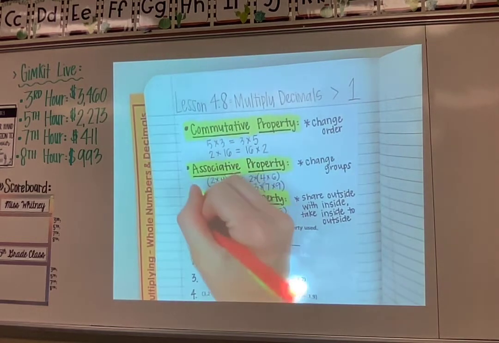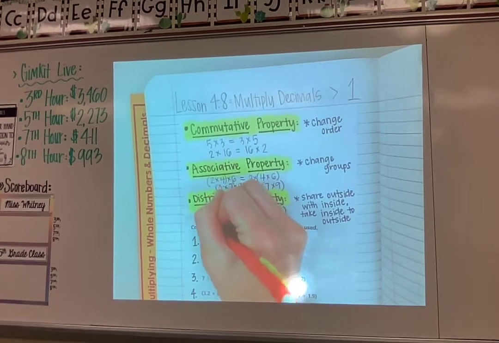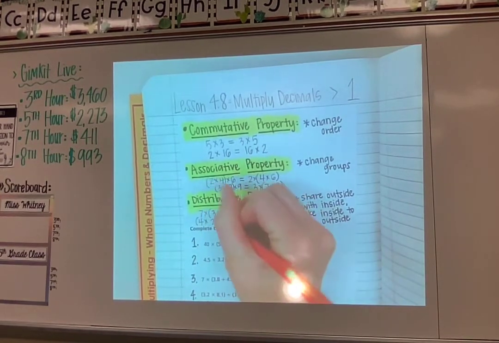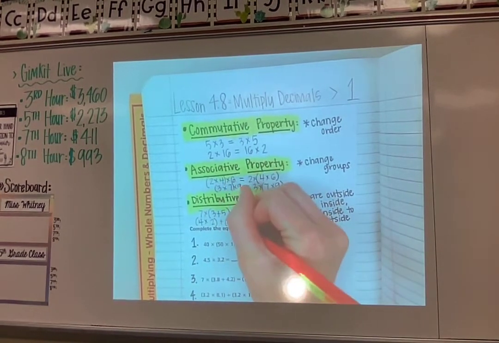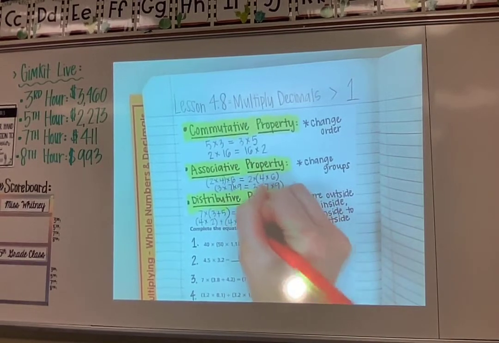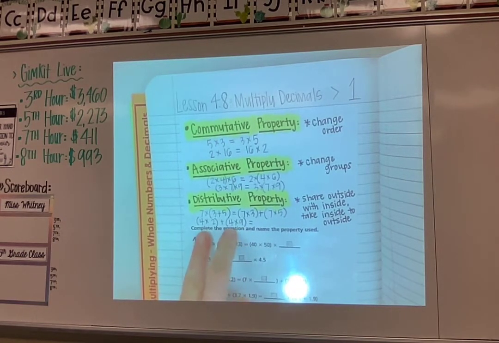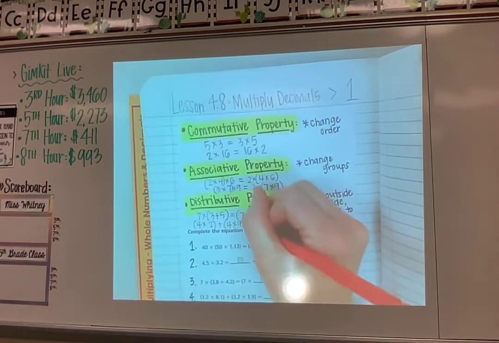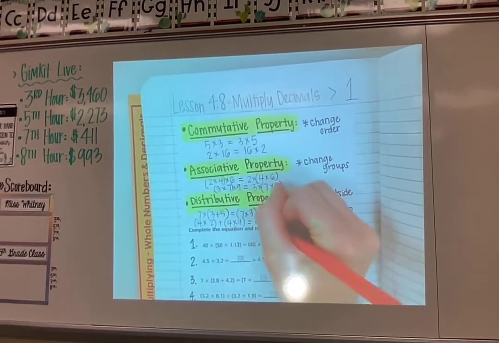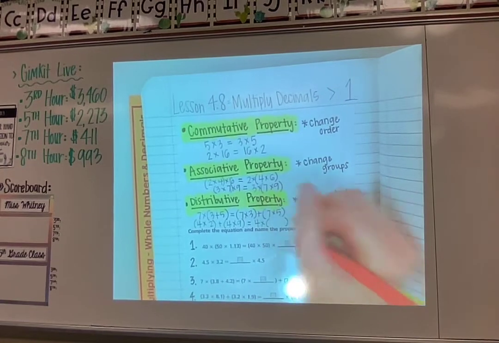Or I might see it backwards. So it might look something like 4 times 2 plus 4 times 9. And I might want to take the inside to the outside. So what number is common in both of these groups? Well, the 4 is the same in both. So I could take the 4 out, and whatever numbers are left, I could just leave them on the inside together.